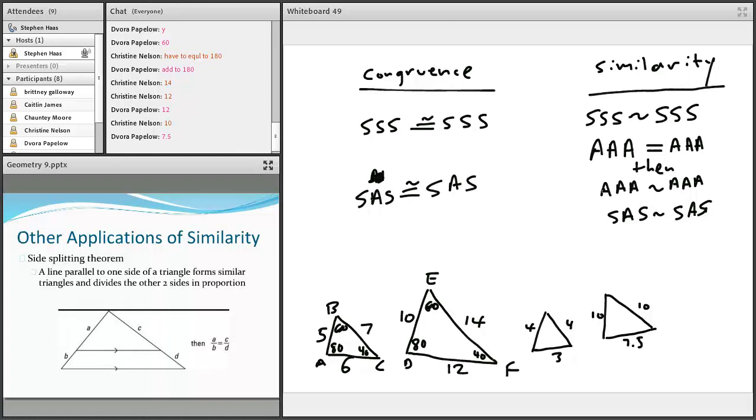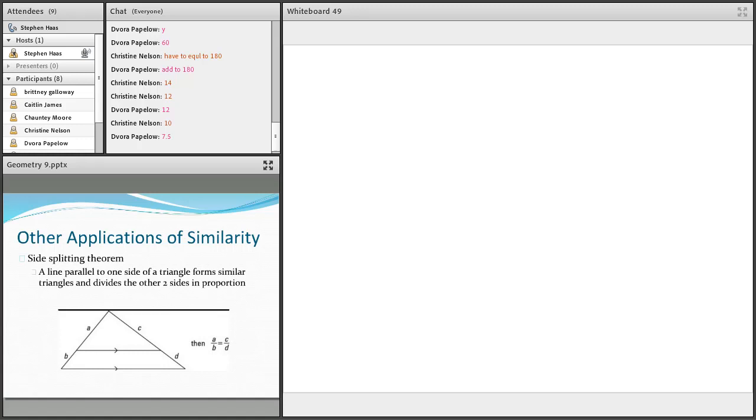Another aspect of similarity is when you have two triangles that are overlapping, like this, where two lines are parallel and share a third angle.